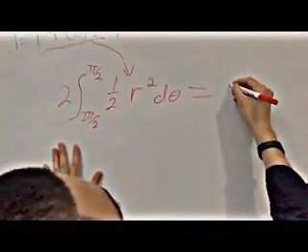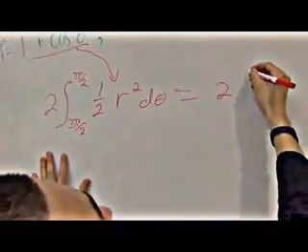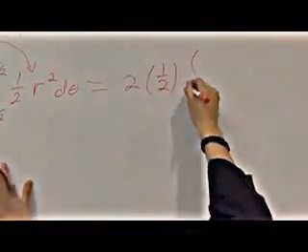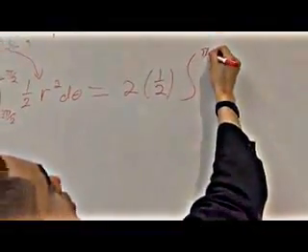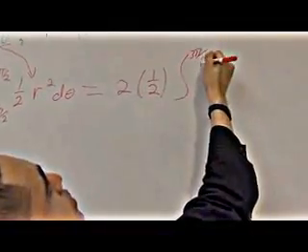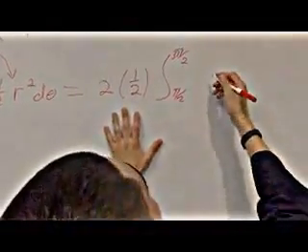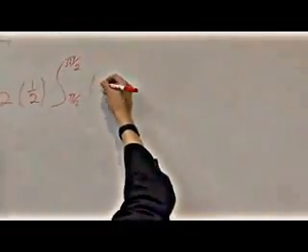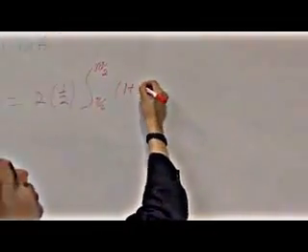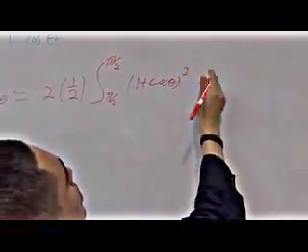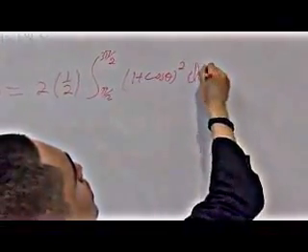So now it's going to be 2, we're going to bring out the 1/2, from pi over 2 to 3 pi over 2, times 1 plus cos theta squared d theta.